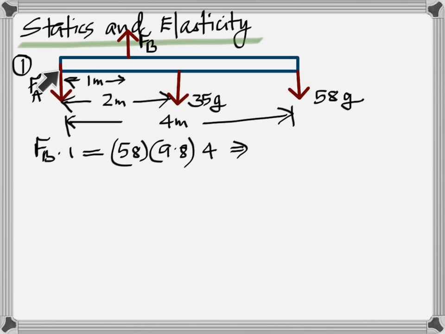This point has no torque because the distance is 0, and this creates a clockwise torque because it tries to turn it this way with respect to that point, and so does this one. So these two are clockwise, this is counterclockwise because it's trying to turn it the other way, and this one has no torque.